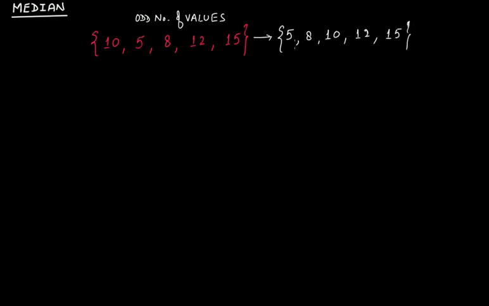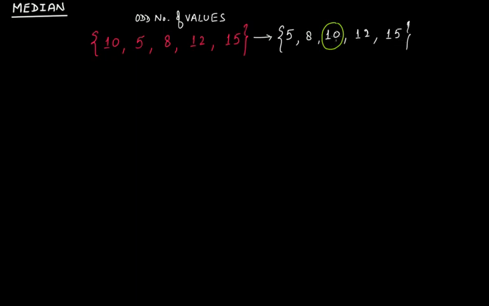Now we have 5 values, right? This value, the third value, first, second, and third, will be the middle of this data set. Because we have 5 values, 2 values are towards its left, and 2 values that are greater than 10 are towards its right.